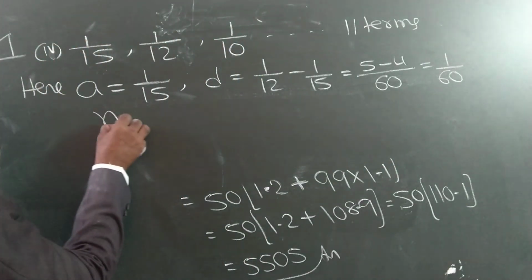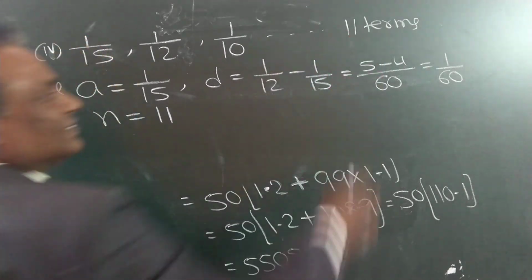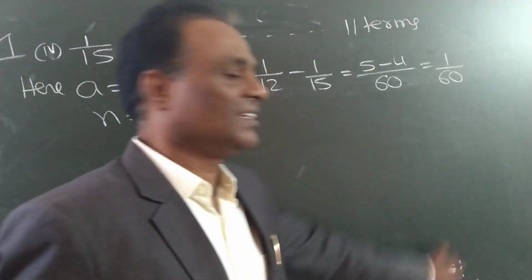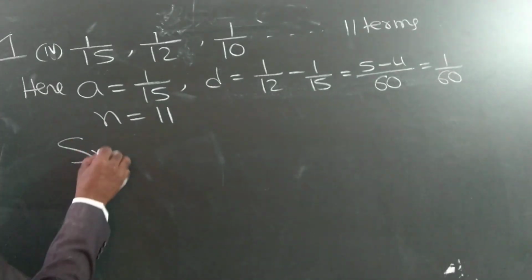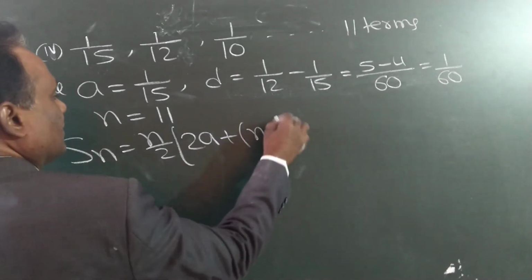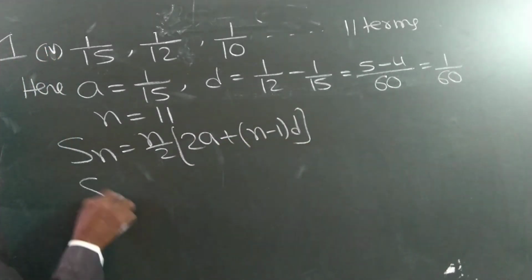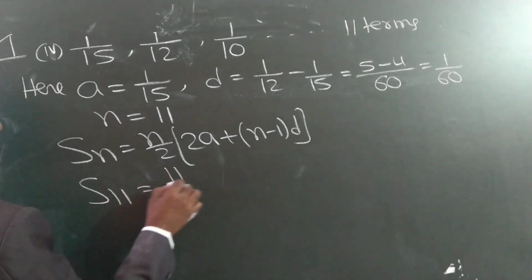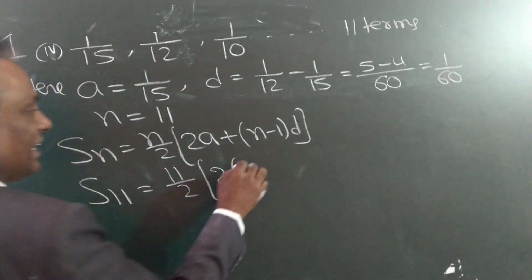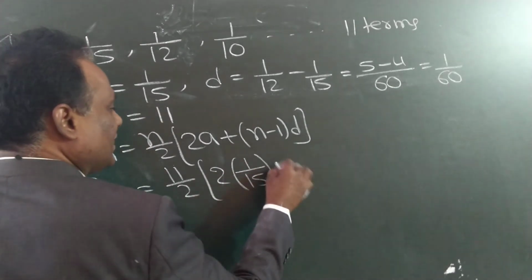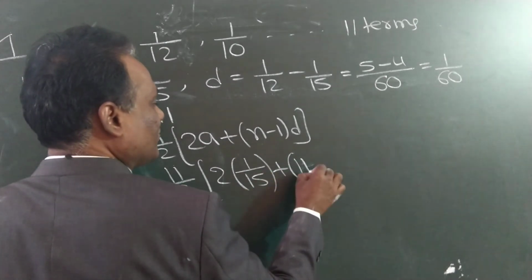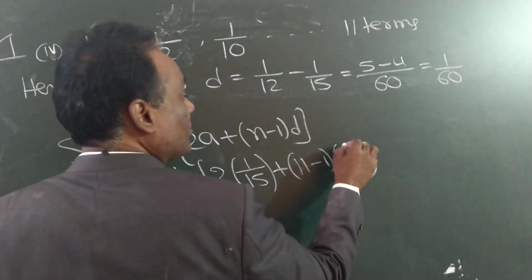How many terms? 11 terms. So what is the formula? S11 is 11 by 2 into 2a, that is 1 by 15, plus n minus 1, where n is 11, so 11 minus 1, into the difference, which is 1 by 60.